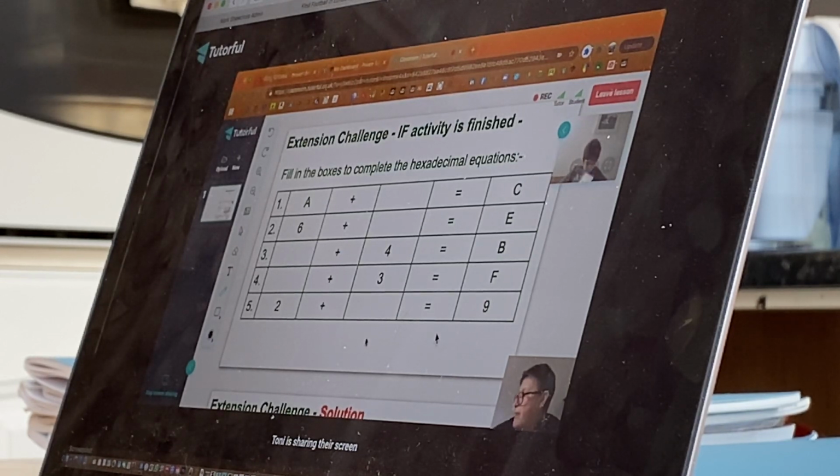So what is B as a hexadecimal in decimal number? Look under the hexadecimal column and look at B and tell me what the decimal number is.